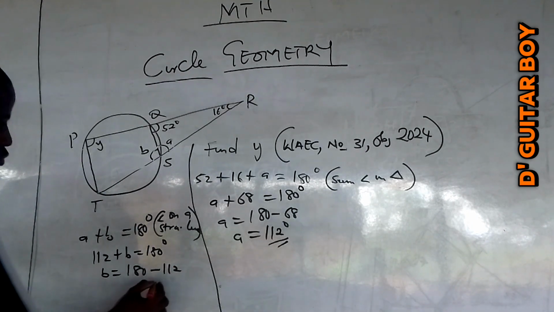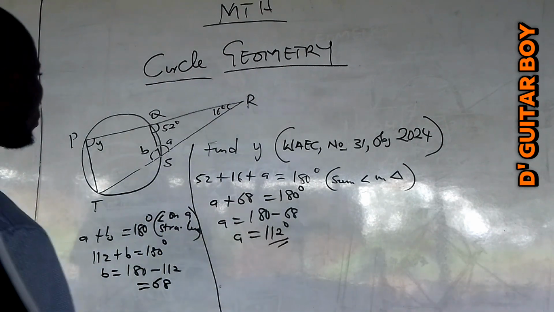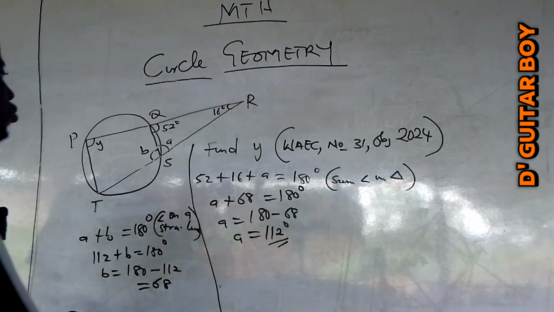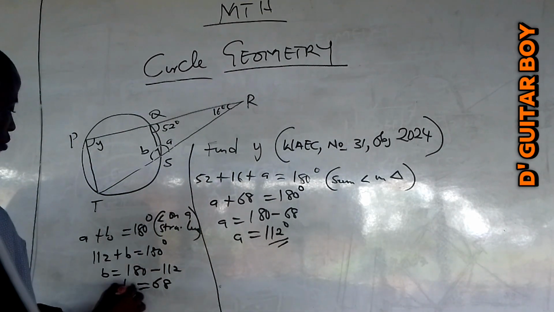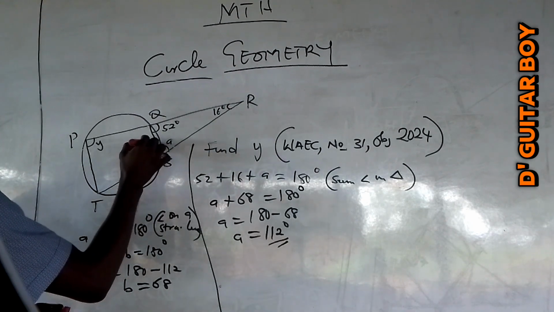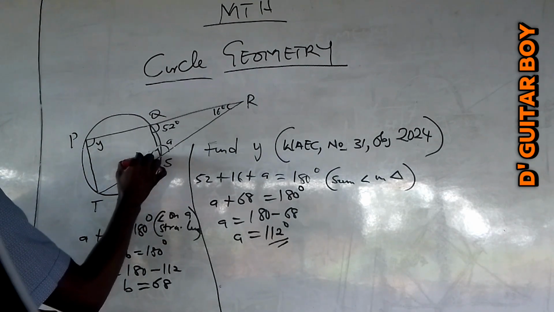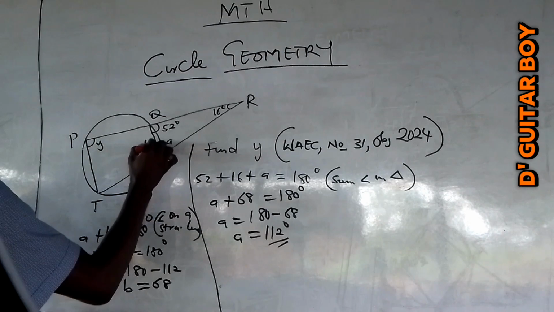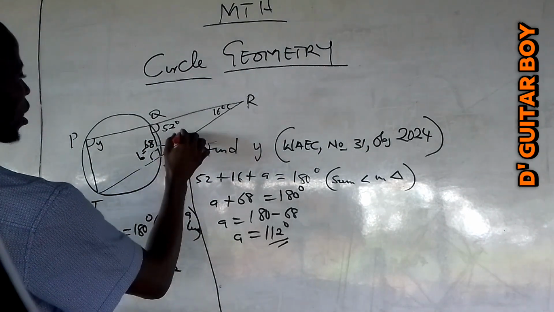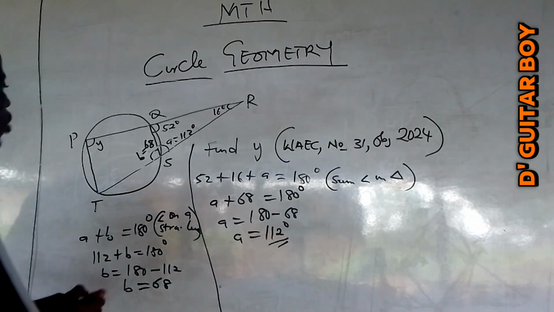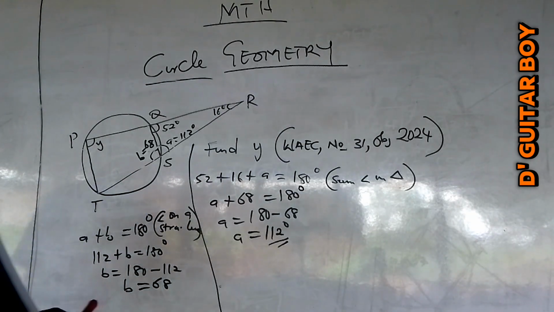So B is equal to 68. You can put 68 here. This A is equal to 112 degrees. So since you already know B, food is ready.